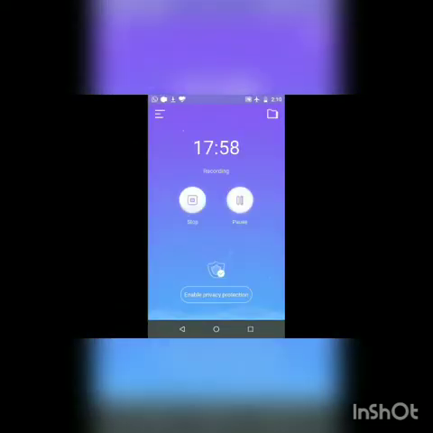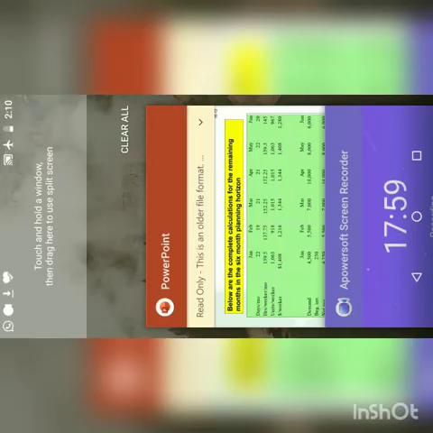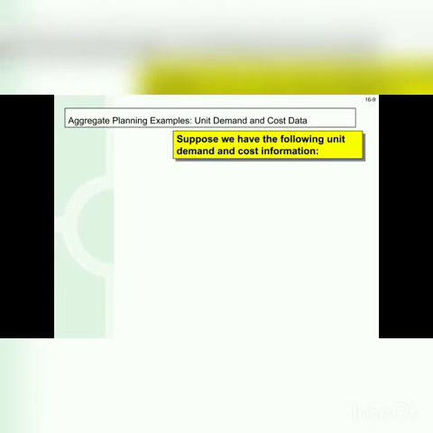Now friends, aggregate planning. Some examples we must take so that it will be clear to you how the unit demand and cost data can be planned. Suppose we have the following unit demand and cost information.